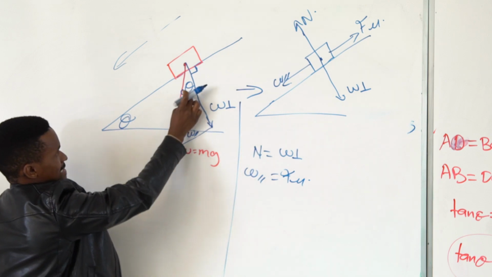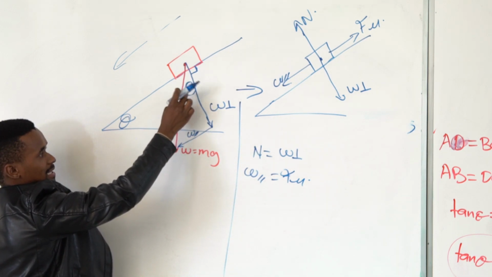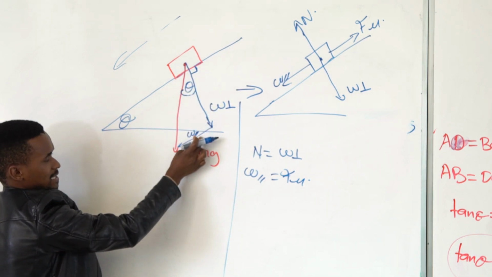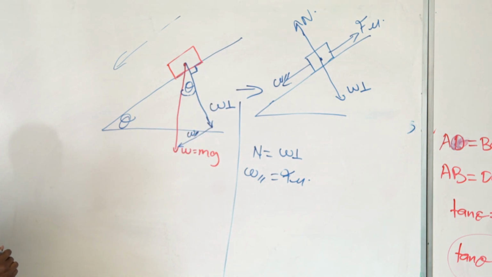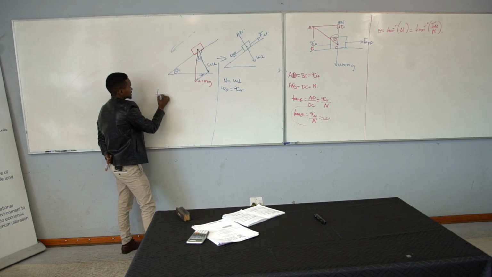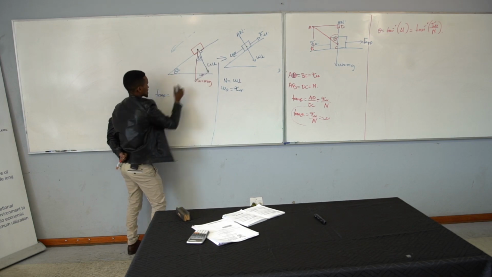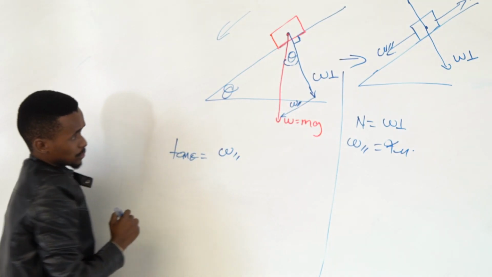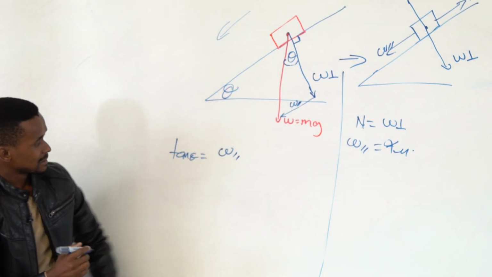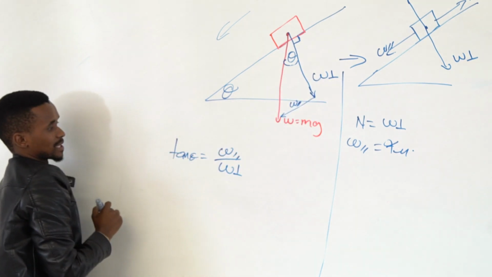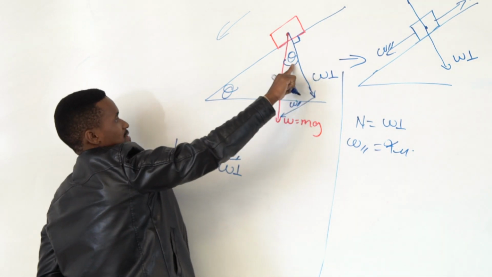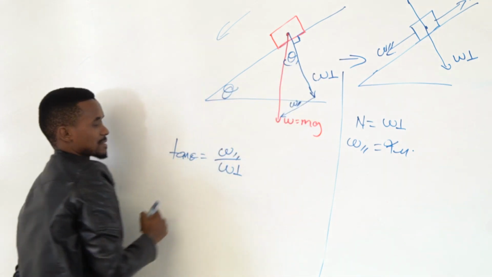Meaning now, if we want to calculate this angle, remember, you're going to say opposite over what? Adjacent. So tan theta will be the opposite, which is our W parallel, over the adjacent, which is this one, because this is adjacent to the angle, and this side is opposite to the angle.